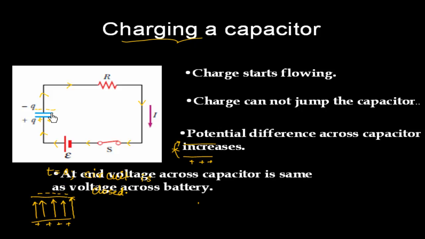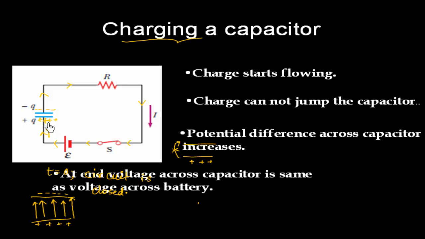The third important point we have is that in the end, the voltage across the capacitor is the same as the voltage across the battery. After some time, the charge on the plate is basically trying to push away the charge that is coming. Let us say I have some charge that wants to go to this plate, but this plate already has a large number of positive charge.